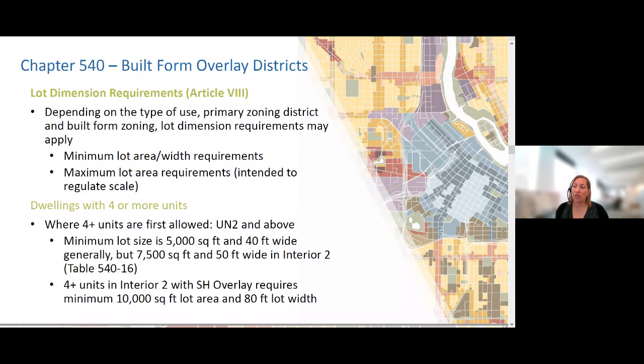However, in the Interior 2 built form overlay district, the minimums increase to 7,500 square feet and 50 feet. Now, if the property is in Interior 2 and also in the Shoreland overlay district, the minimums are 10,000 square feet and 80 feet. So you can see with these requirements, not all properties in UN2 are going to be eligible to have a dwelling with 4 or more units. Next slide, please.